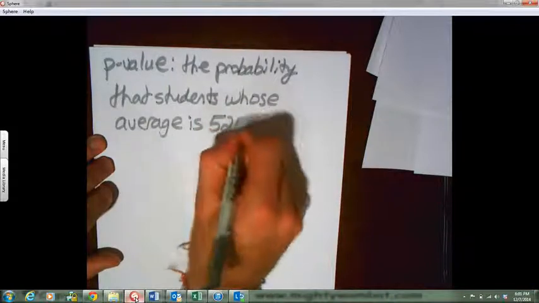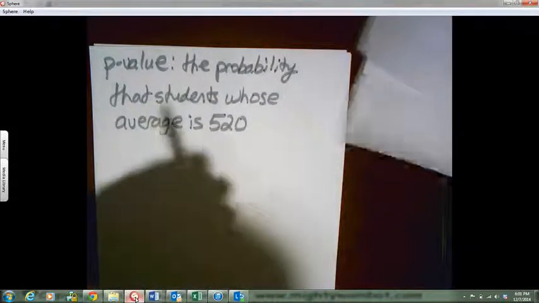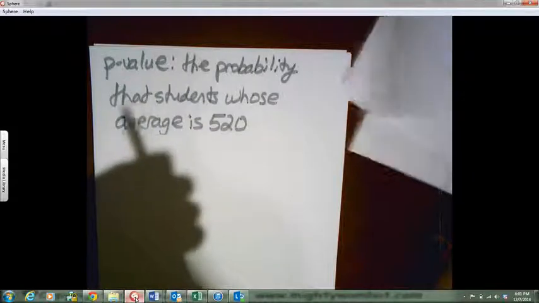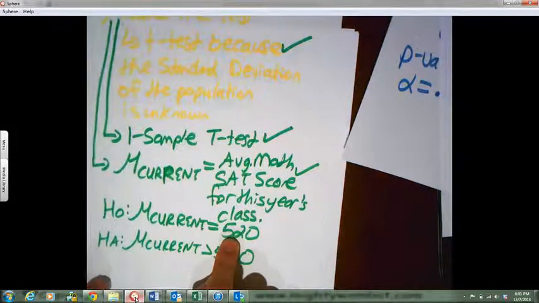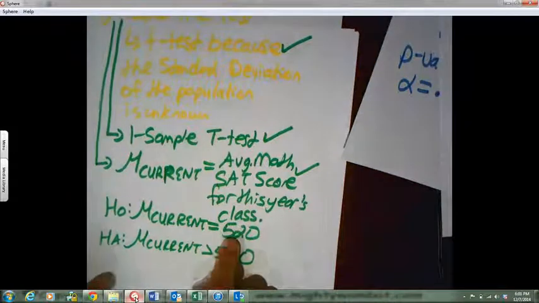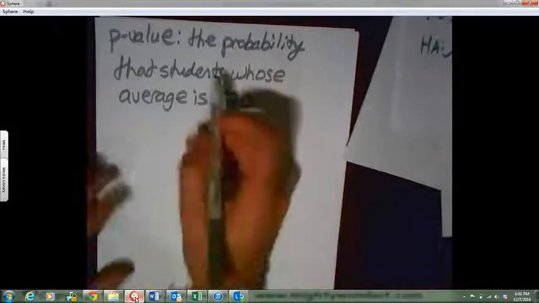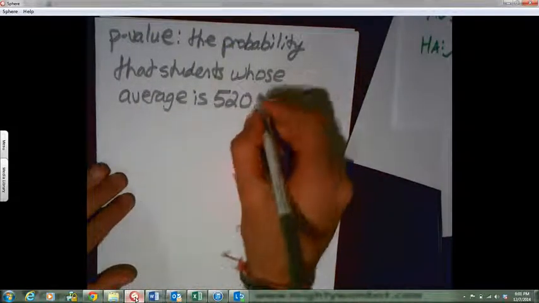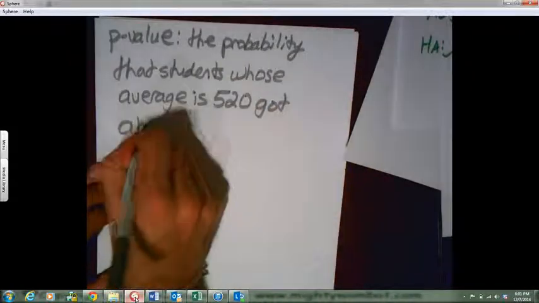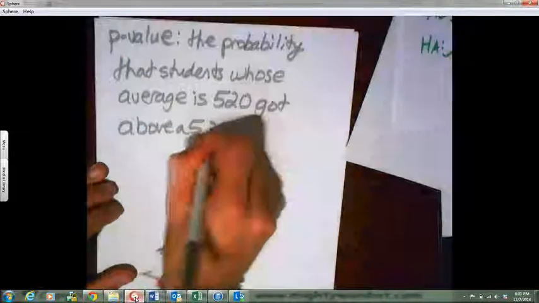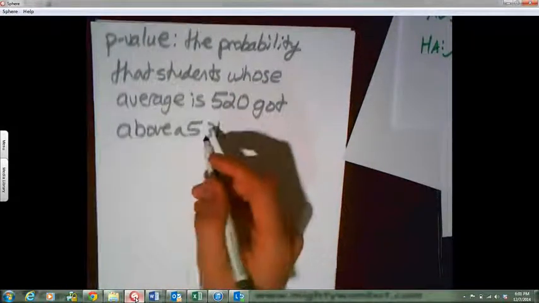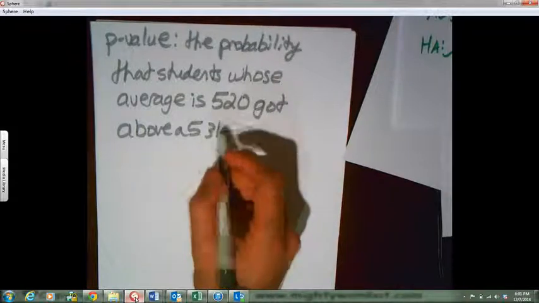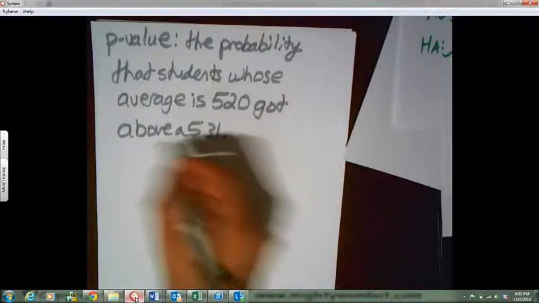The p-value says if this is the average, 520, what is the probability that students got above a 531? That's what the p-value is saying. It's saying what is the probability that if the average had been 520, students got above a 531.